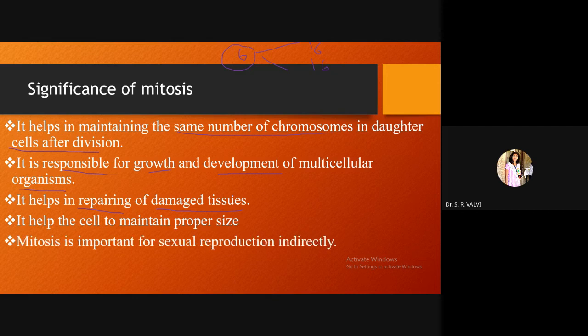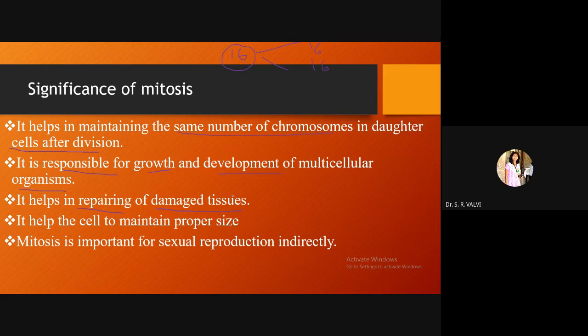So mitosis is important for sexual reproduction indirectly. Now see why it is important indirectly. For example, suppose we are sowing a particular seed in the soil, right? That seed will develop into a small seedling, and suppose it has to go for sexual reproduction, then this particular plant should have flowers on it, right? Until and unless the androecium and gynoecium form, it will not be ready for sexual reproduction, right?